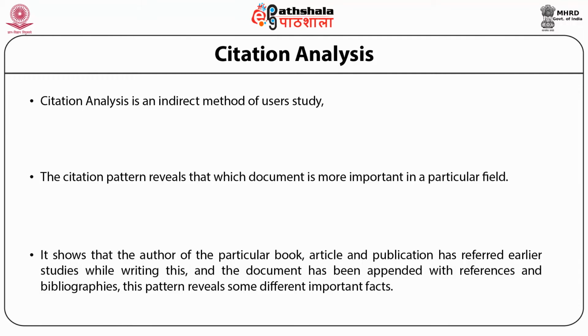An analysis of this pattern of communication discloses the type of document used, preferred document, age of the document, frequency of use of document, ranking of journals, ranking of authors, ranking of articles, ranking of books, ranking of organizations, and ranking of countries.